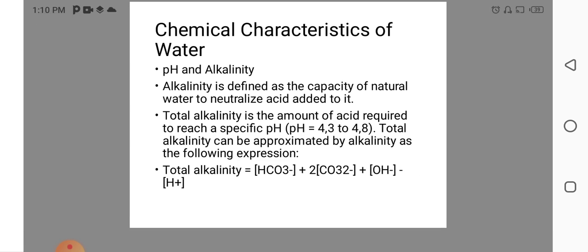Alkalinity is defined as the capacity of natural water to neutralize acid. Total alkalinity is the amount of acid required to reach a pH of 4.3 to 4.8.